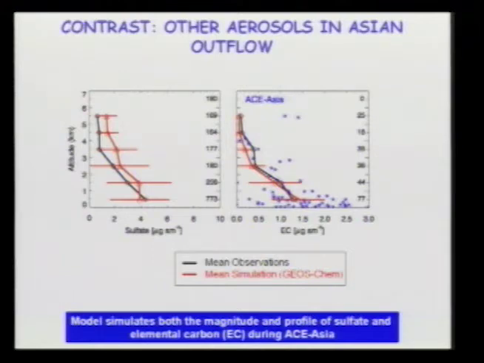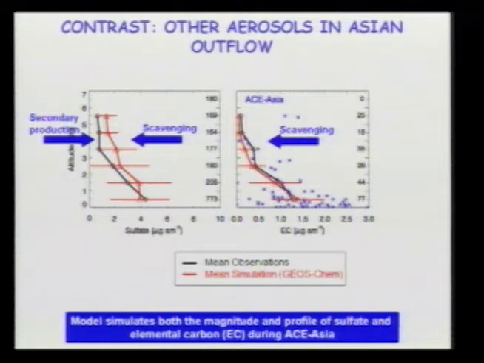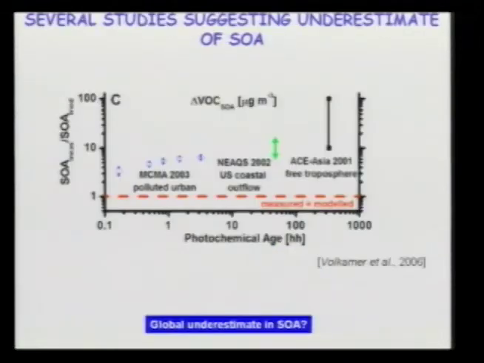And so I show you here the profiles for sulfate and elemental carbon, or black carbon, and you can see that the model and observations are reasonably close to each other. So the thought is that many of the transport and scavenging processes have to be done, as well as emission inventories have to be reasonable for some of the other species. And we can go on here, Guy.